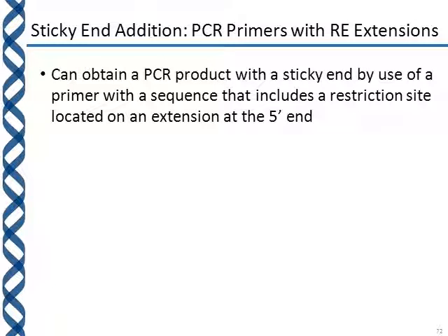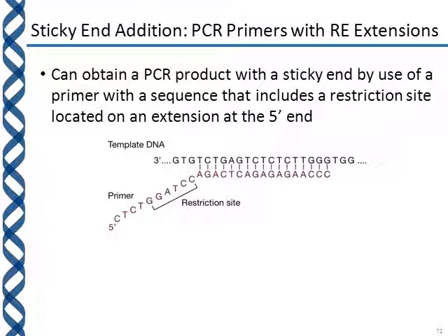One can obtain a PCR product with a sticky end by use of a primer with a sequence that includes a restriction site located on an extension at the 5' end. Here we show an example of the primer, located at the 5' end of the primer sequence, which contains the restriction site.